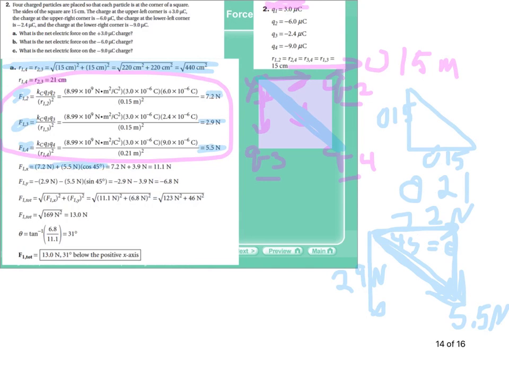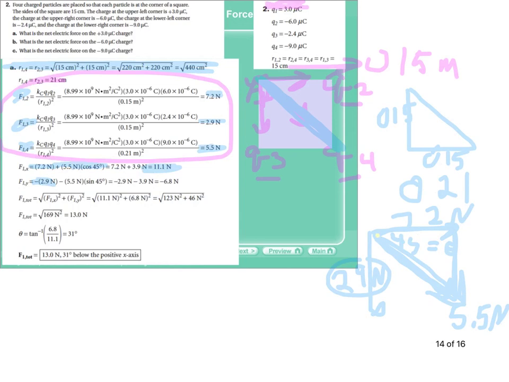Add that to the horizontal force of 7.2. You end up with 11.1. We apply a similar thing for the y component. We already know we got 2.9, going in the downward direction, so they identified it as negative.